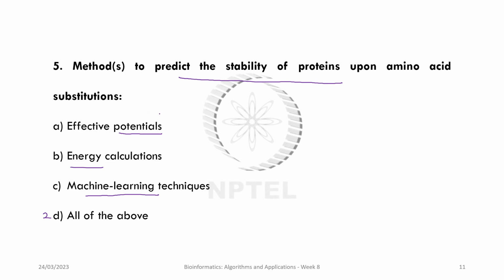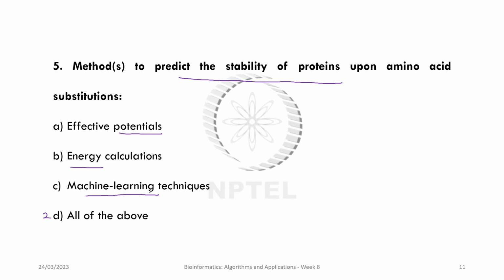If the mutation or substitution is perturbing enough or stabilizing enough, it will modify the structure of the protein, and you can understand its effects by studying the effective potential of the protein, calculating that. Similarly, the free energy calculations can give you an idea of protein stability, and machine learning techniques.